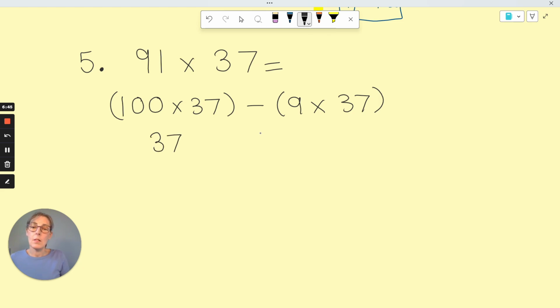Okay, so 100 lots of 37, I know, is 3,700. Have a look at the place value area if you're not sure about that. And then take away 9 times 37.